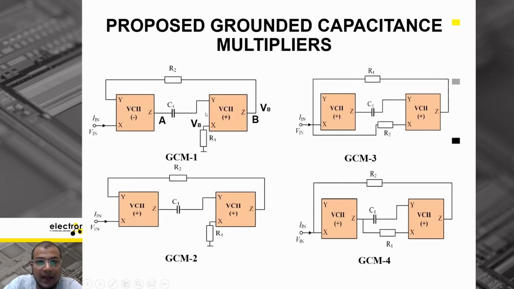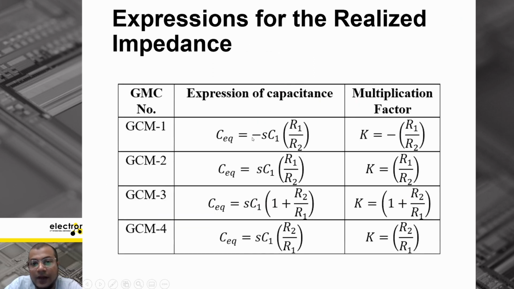As you can see here, the first one, grounded capacitor multiplier one, is a negative type capacitor emulator. The rest, GMC2, GMC3, and GMC4, all give positive capacitance. The value of the synthesized capacitance can be calculated from here.